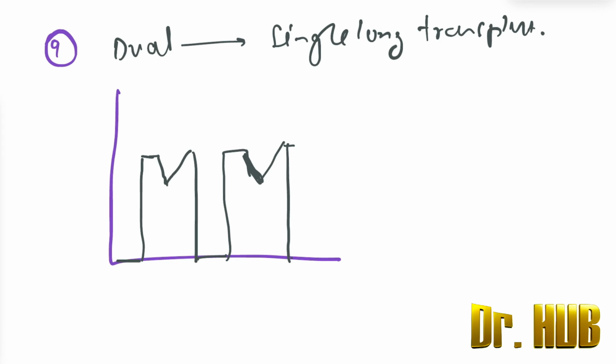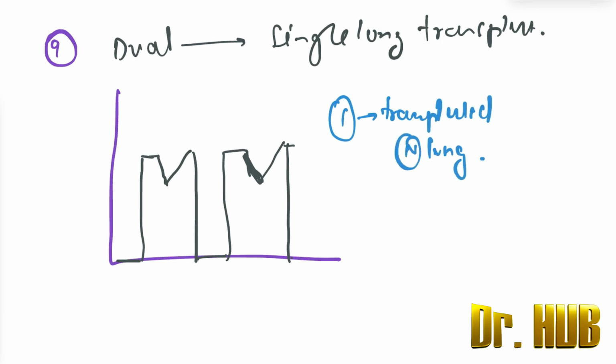The first peak in phase 3 is from the transplanted normal lung, whereas the second peak is from the native diseased lung.